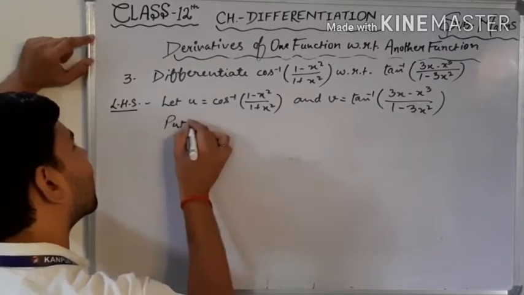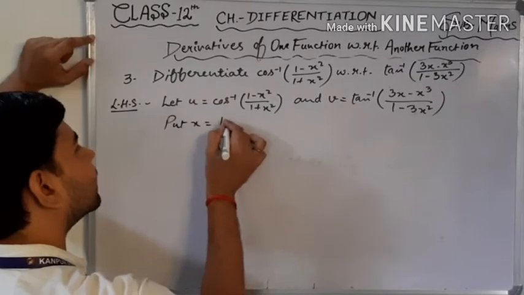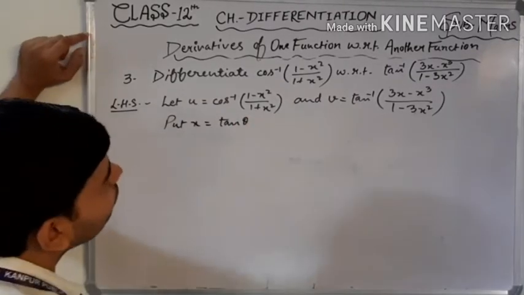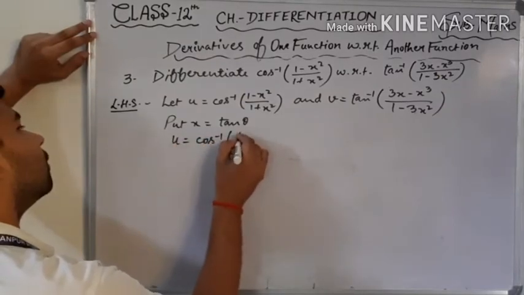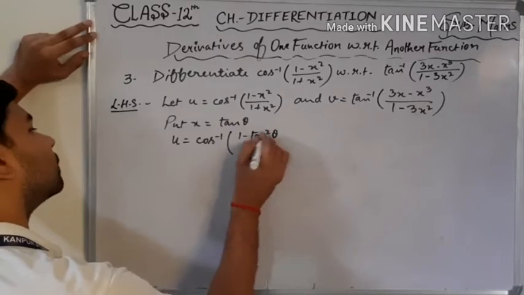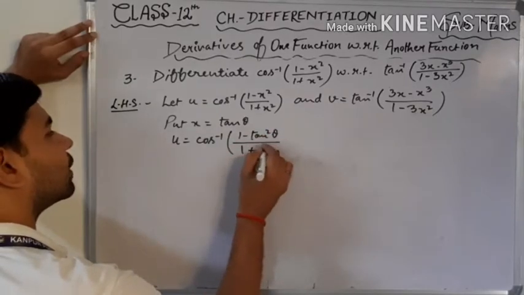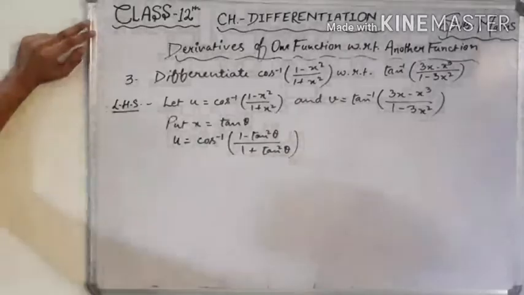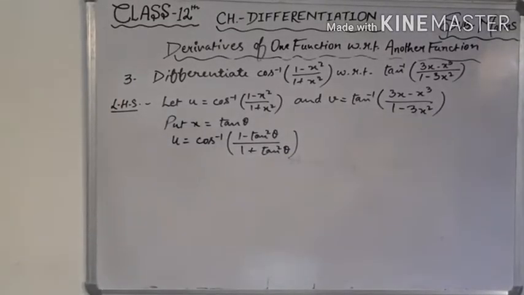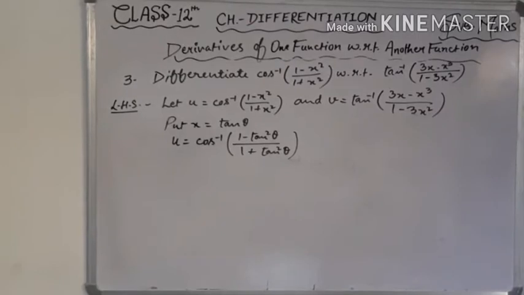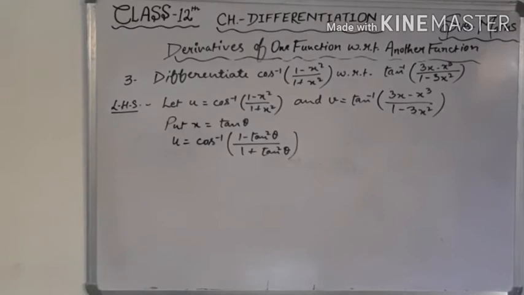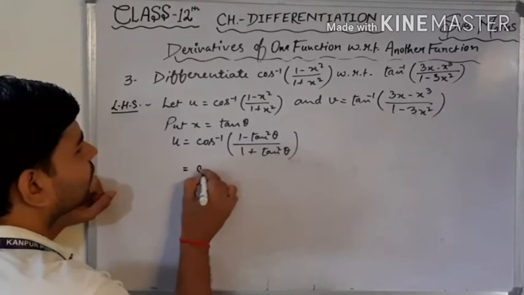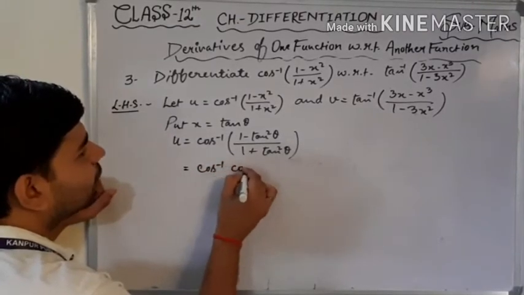Put x equal tan theta. Then u equals cos inverse 1 minus tan square theta upon 1 plus tan square theta, which equals cos inverse cos 2 theta.